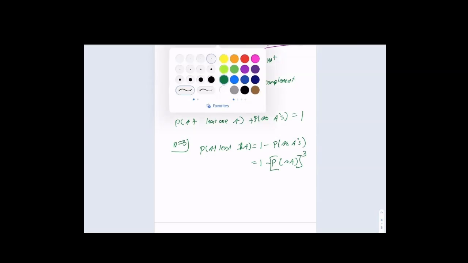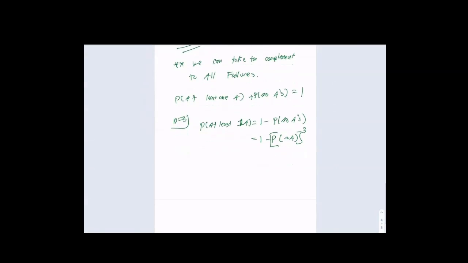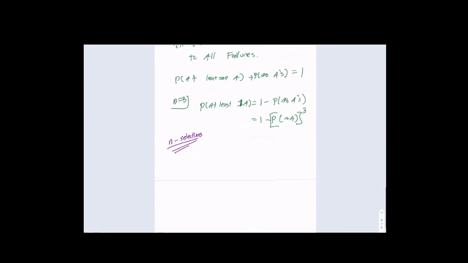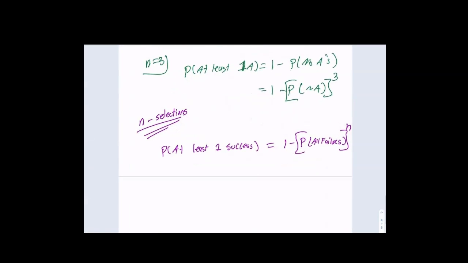This gives us the formula that if there are n selections, it doesn't matter if it's 3, 4, 5, the probability of at least one success is equal to 1 minus the probability of all failures to the nth power.